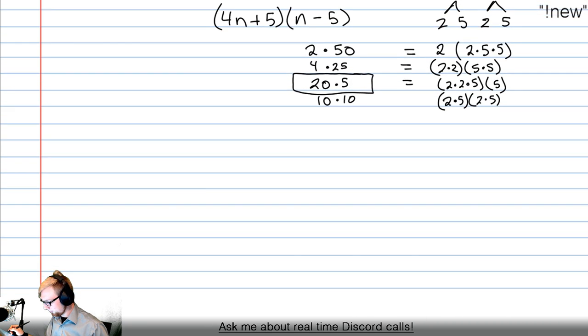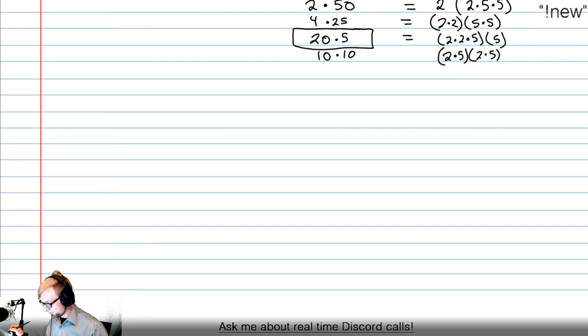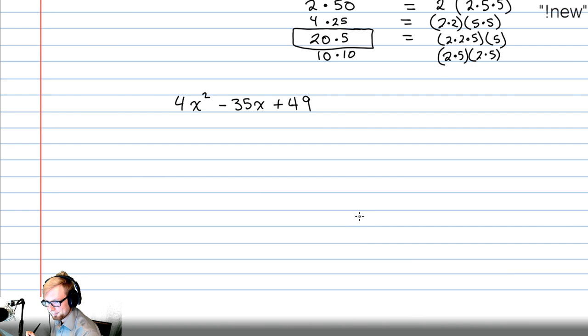Right now I'm in the middle of 12. Cool. So I got all the factors. 12 is 4x squared minus 35x plus 49. Okay. So what's 4 times 49? 4 times 49 is 196.